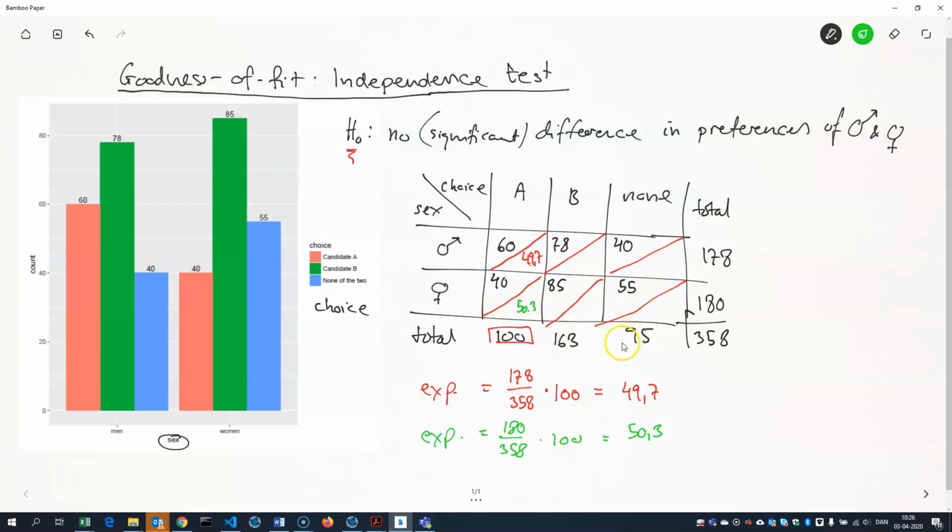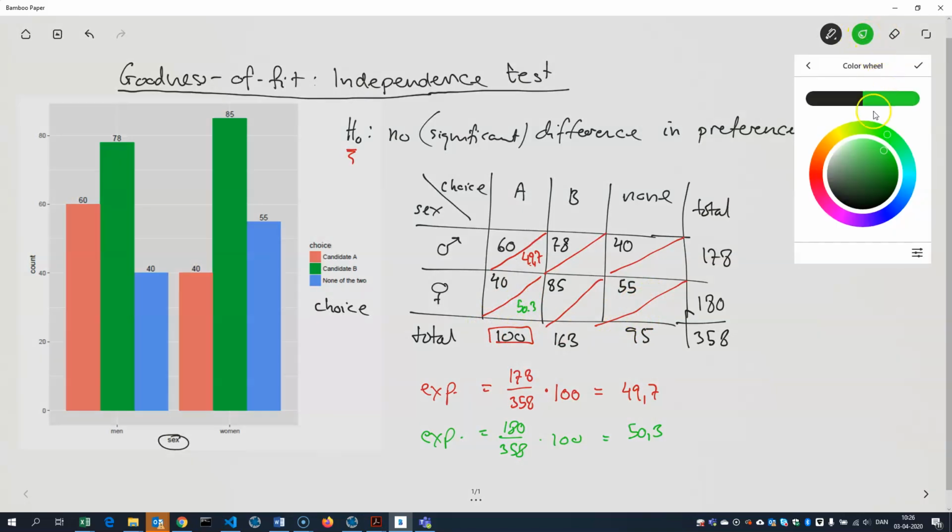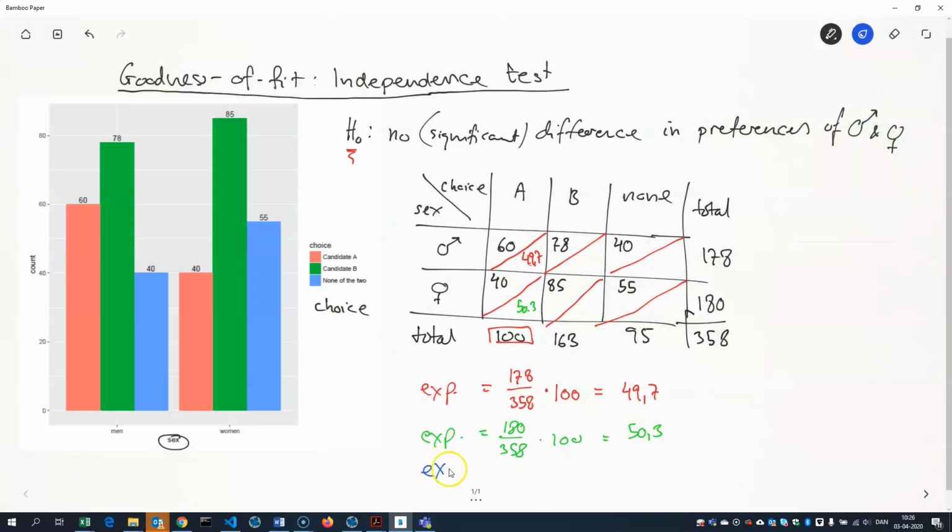And we can do a third one just to make a point of it. The expected number in this category here is then 180 divided by 358 multiplied by 95. Notice that the expected number in a category is composed of the total in the same row and the total in the same column.